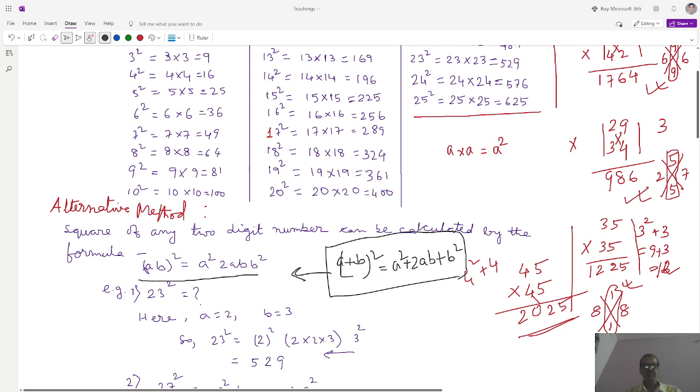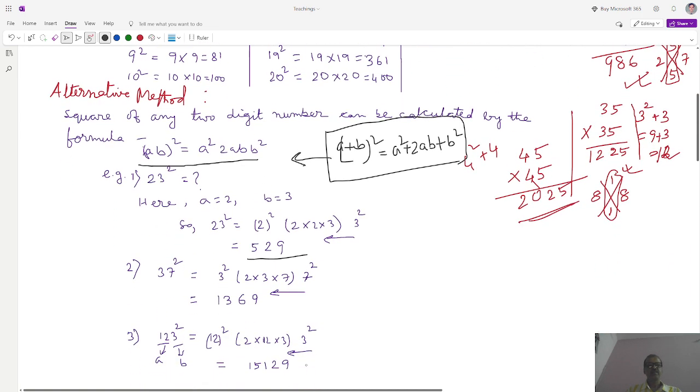For 12, we put 2 here and carry 1. A square equals 4 plus carry 1, 5. That is 529. Another example is given here.